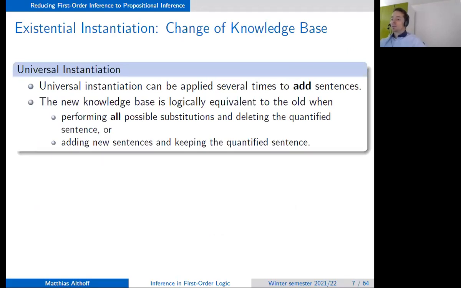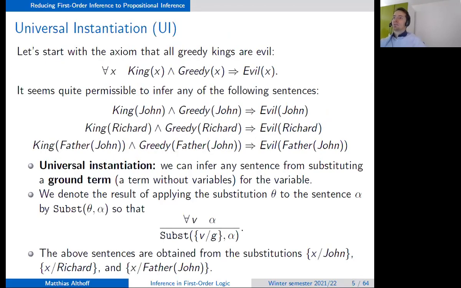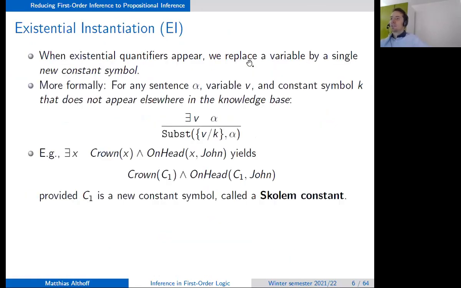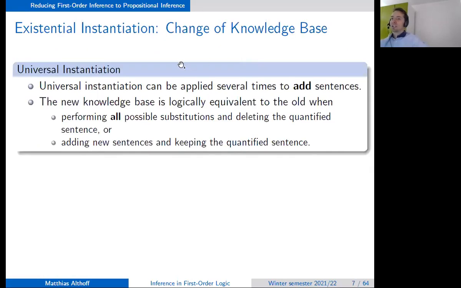So we can remove the sentence for all x, king x and greedy x implies evil x, if we have made all possible replacements for x given a knowledge base. Or we just keep the sentence and add a few sentences. So this is also fine. Or adding new sentences and keeping the quantified sentence.